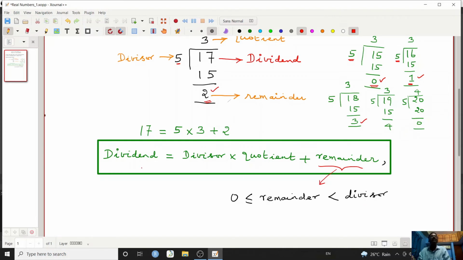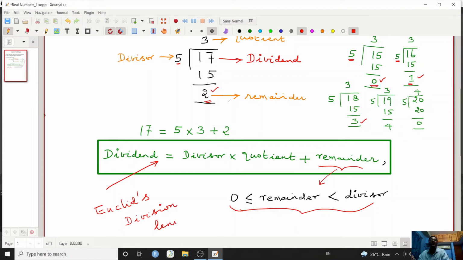Now this statement, dividend equal to divisor times quotient plus remainder, together with this condition, is what is called Euclid's division lemma. Okay, so what you have to remember? You have to remember this statement.